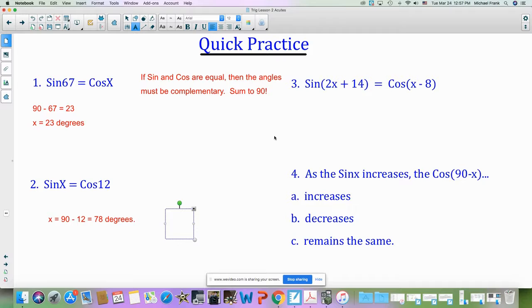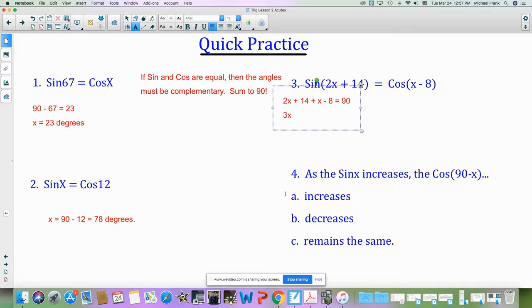Simple as that. Now here it gets a little bit more complicated, but not that much more. In this problem right here, the sine and cosine are equal, therefore the representations of the angles must be complementary. So 2x plus 14 plus x minus 8 should be equal to 90 degrees.